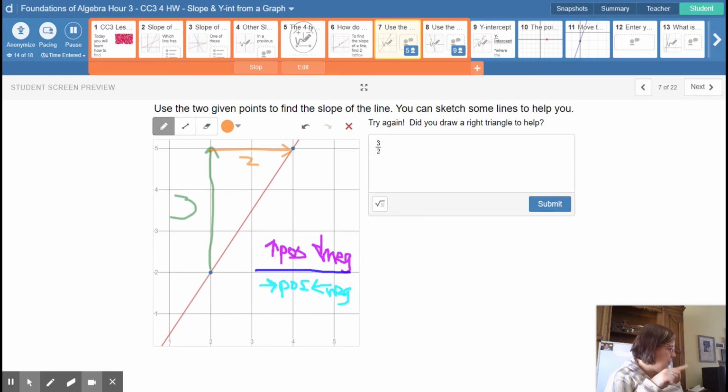Now you just have to count your rise and your run. Martez, that triangle will work also. Just make sure you're paying attention to your positive and your negative number as you type in that fraction. Okay, remember when you do slope, though, you want to write it as a fraction, Martez, not the action of what you're doing, but a fraction, like we did on slide 7.